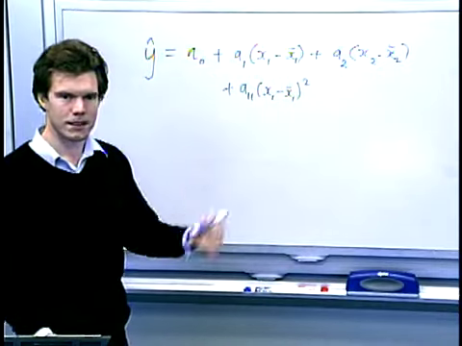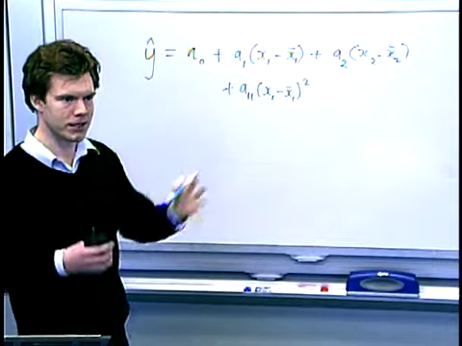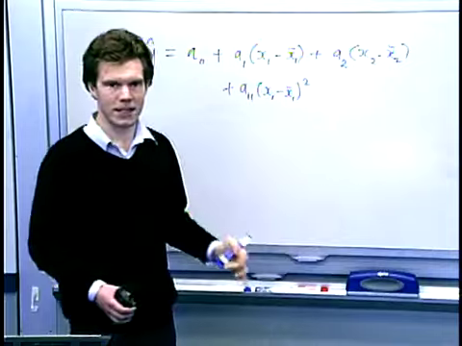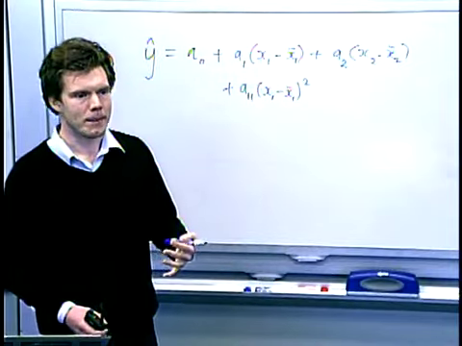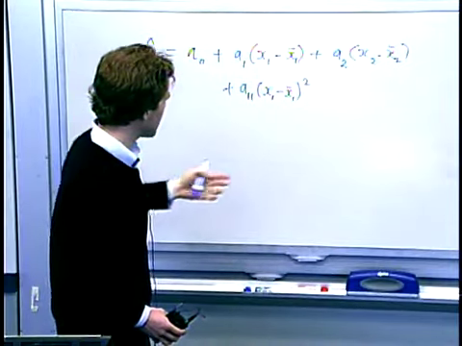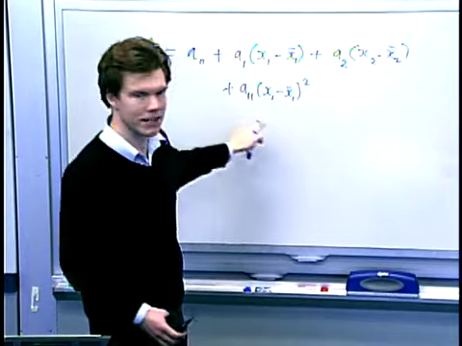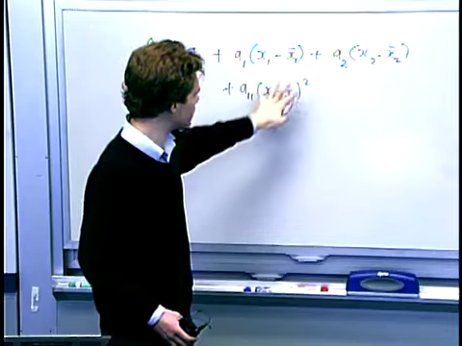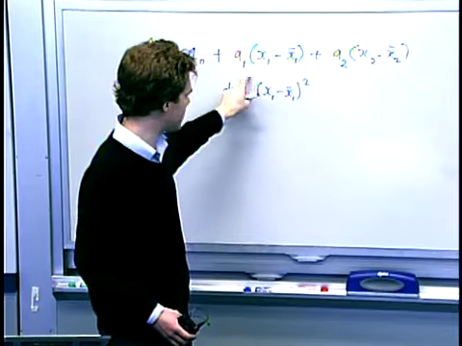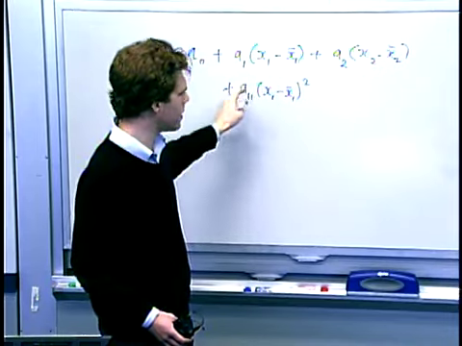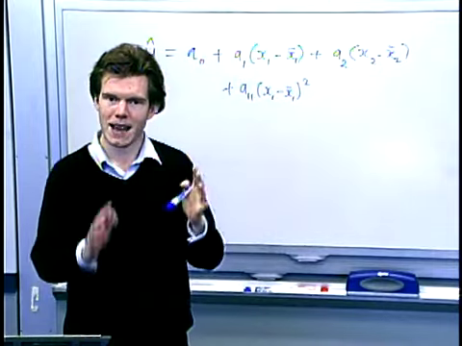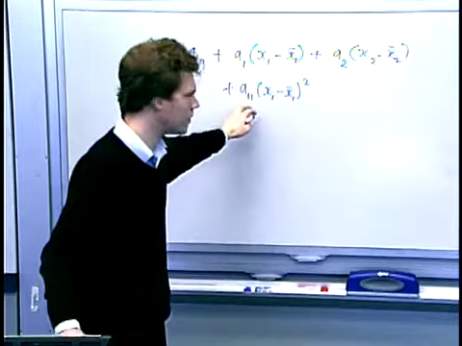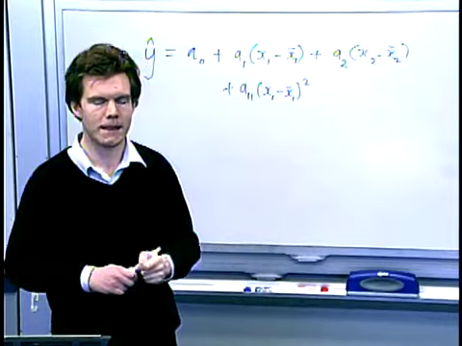And you'll see that the expression for the standard error is going to be a function of x1 minus x1 bar. And you know that when you're finding the variance of some constant times something that you know the variance of, you square that constant and multiply it by the variance of the thing that the constant was multiplied by.